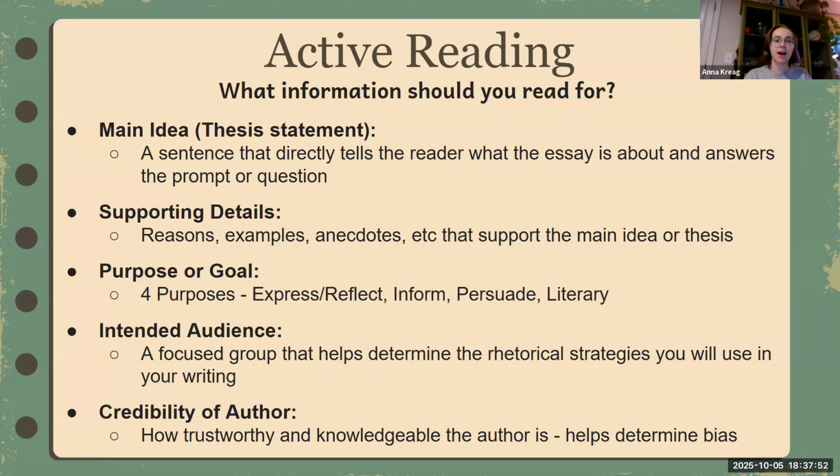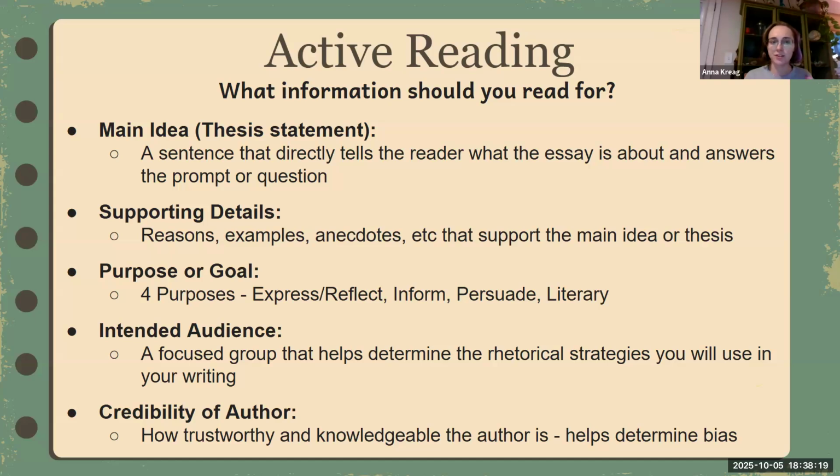When you are active reading, there are thousands of things you could be focusing on. These are the main five things that, if you had to boil it down, you should focus on. First, the main idea or thesis statement. When we're reading and writing academic work, we're looking for a thesis statement, and we'll talk more about thesis statements as we go through different aspects of this course.